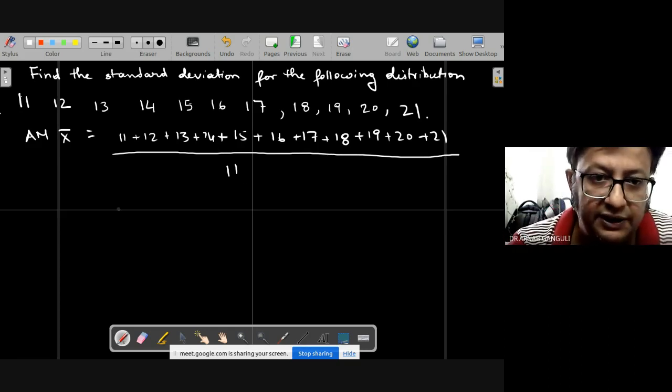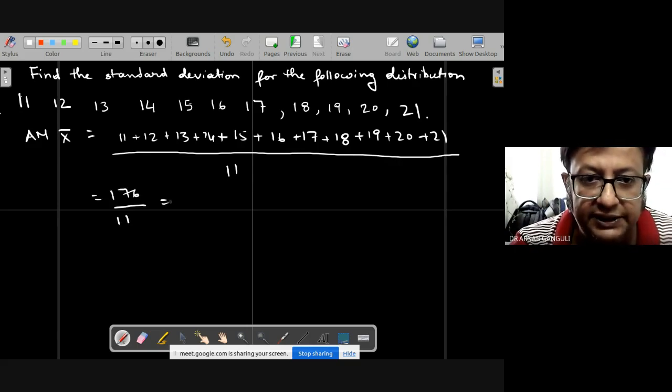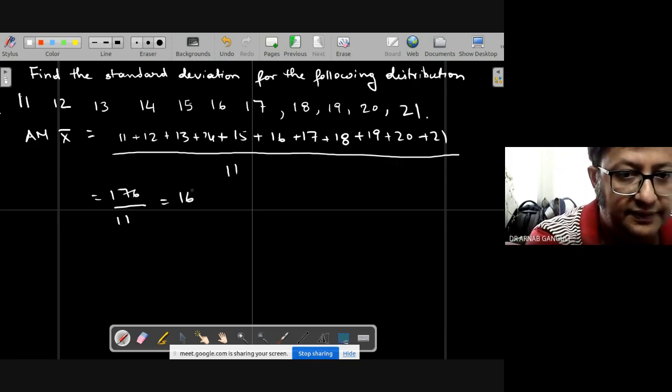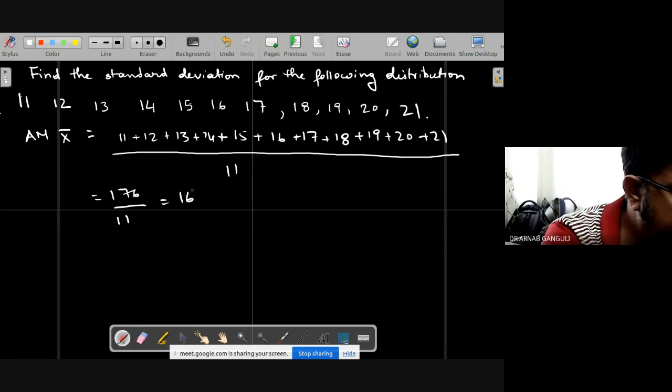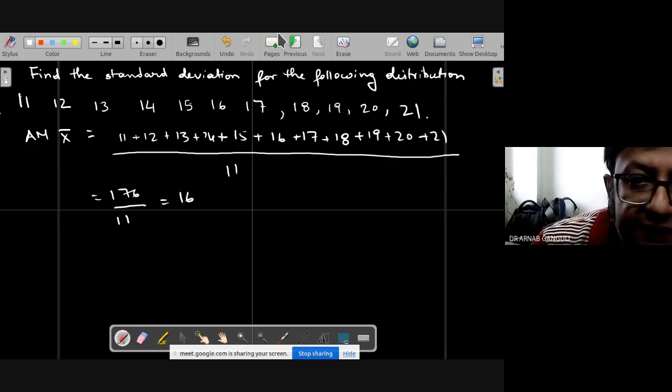So this is equal to 176 by 11. That is equal to 16. Clear. Let us now prepare the table to calculate standard deviation.